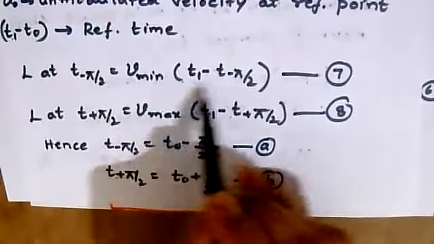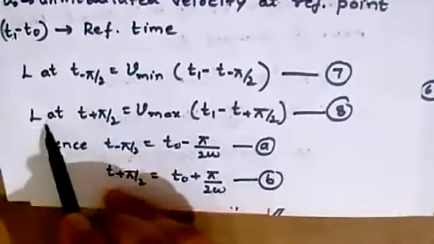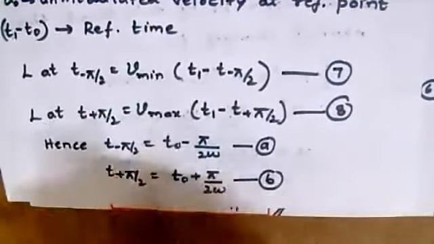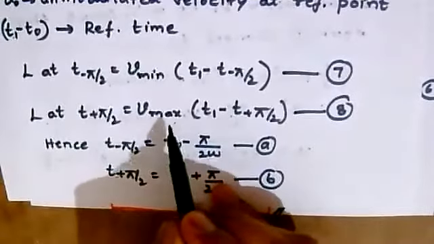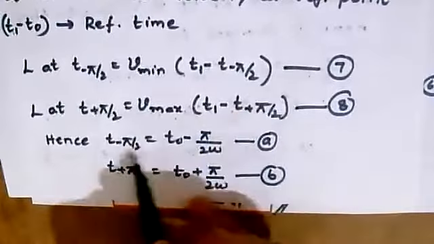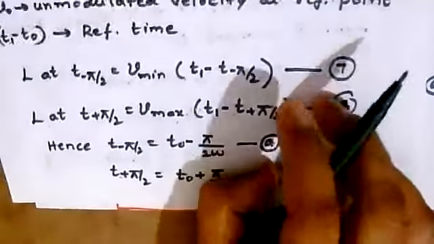You can see here L at t minus pi by 2 will be of V minimum, and the distance at t plus pi by 2 is V maximum, because it is being influenced by the positive RF signal. And now with respect to this, by using the diagram, these equations A, B and C, D can be written over here.